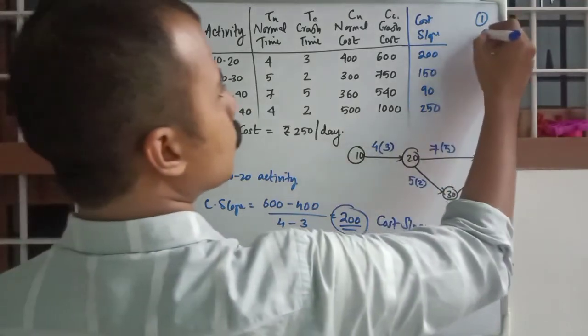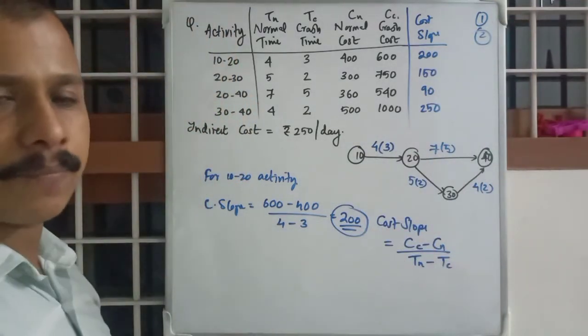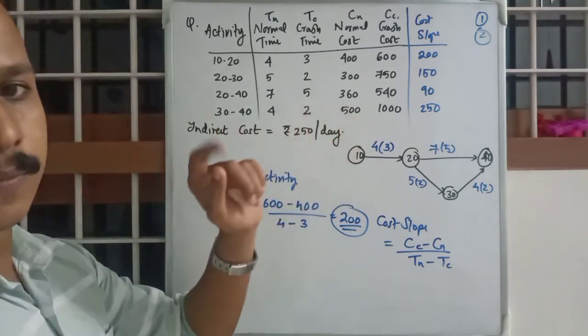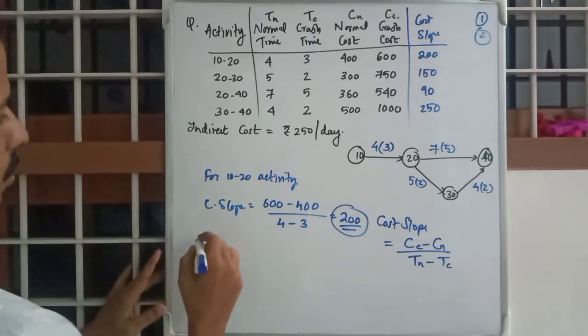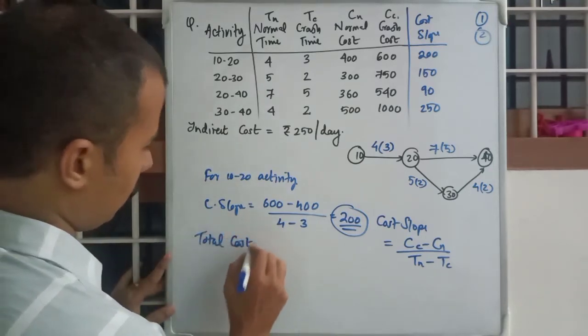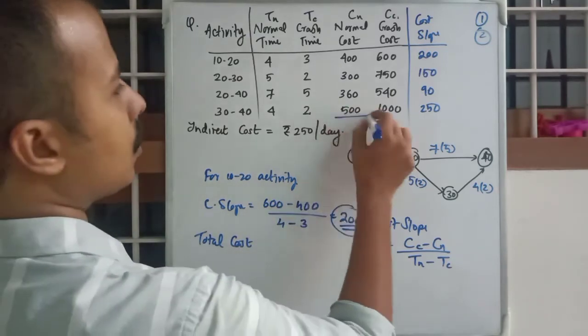Step 2, calculate the total cost and duration of the project. How do we calculate total cost? Just add normal cost.